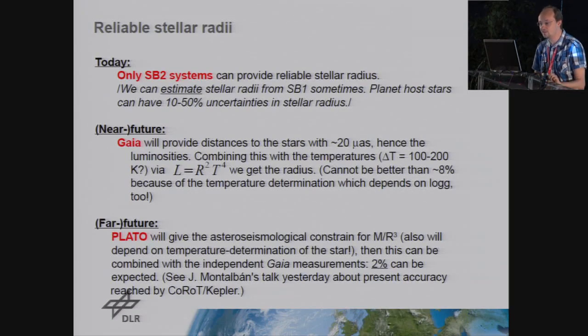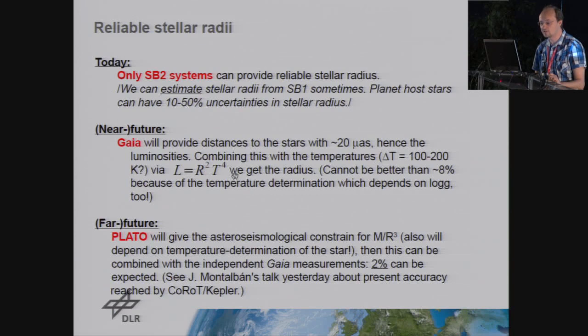So today, only the double-lined spectroscopic binaries can provide reliable stellar radius. But in the near future, the ongoing Gaia project will provide distances to the stars with a very good astrometric accuracy. So the luminosities will be known very well. But the temperatures cannot be measured better than today.